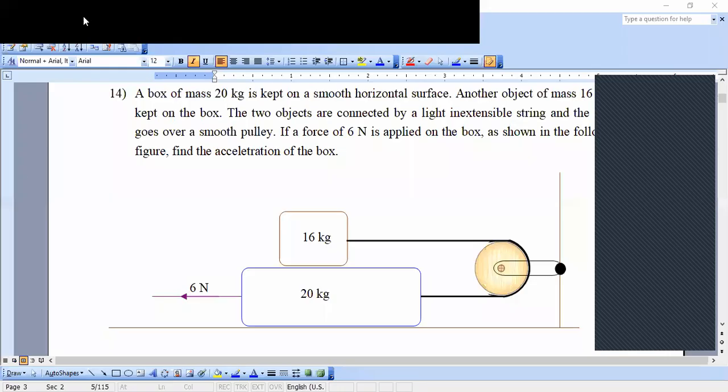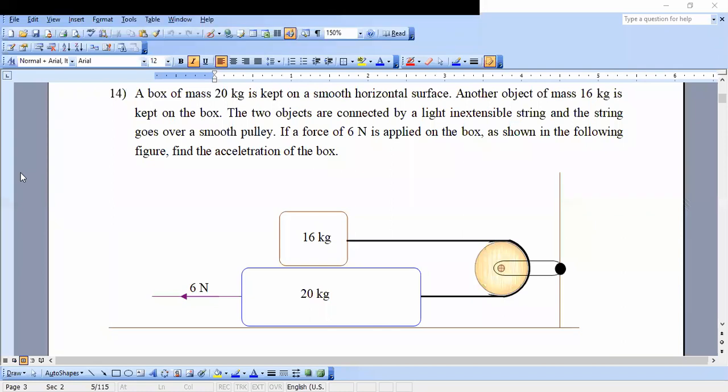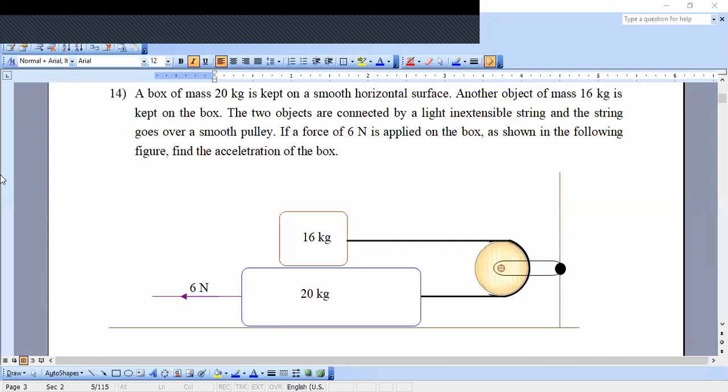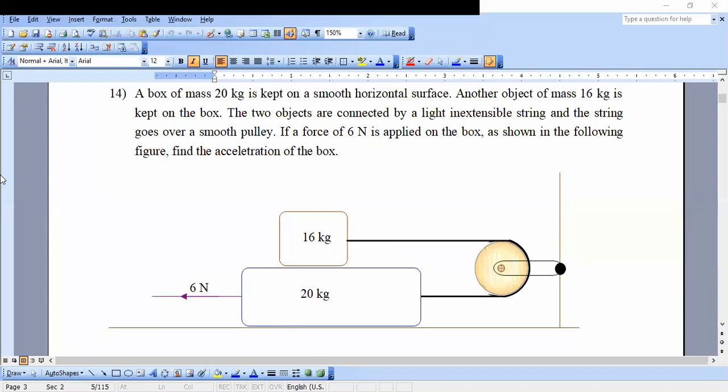Can you see my screen, dear? Yes, sir. Question number 14. Somebody unmute the mic and read question number 14 for all of us loudly. A box of mass 20 kg is kept on a smooth horizontal surface.